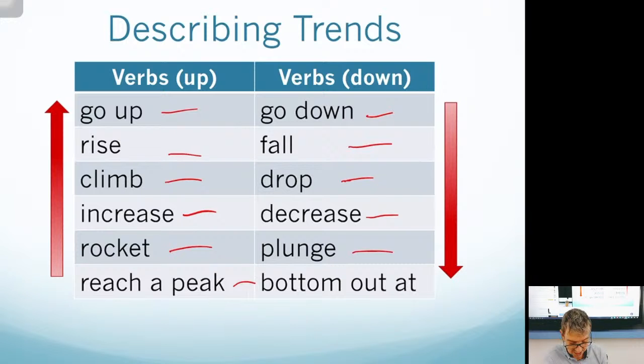Okay? And then the opposite of reach a peak would be something like bottom out. You can use bottom as a verb, and then bottom out just means the lowest level. So this is a phrasal verb, if you like. Okay, so these are words which are related to graphs. So far, so good.